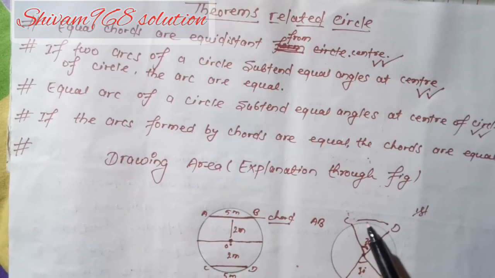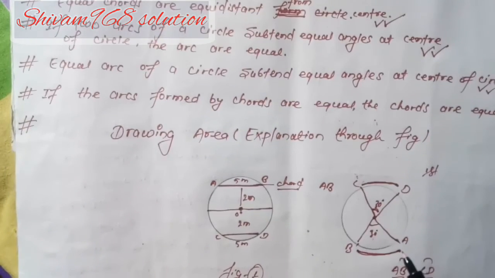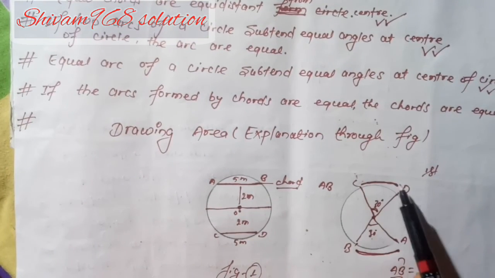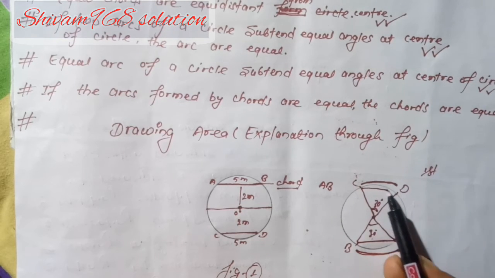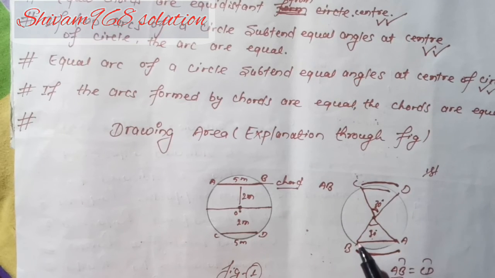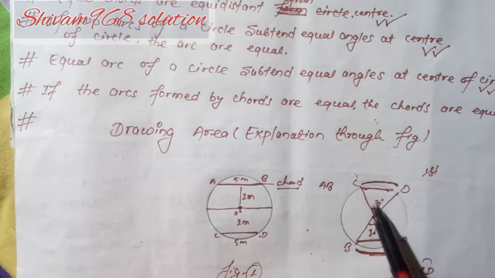See here, CD is an arc and AB is an arc, and they are formed by the same chords AB and CD. If chords AB and CD are equal, then the arcs on these chords will also be equal.